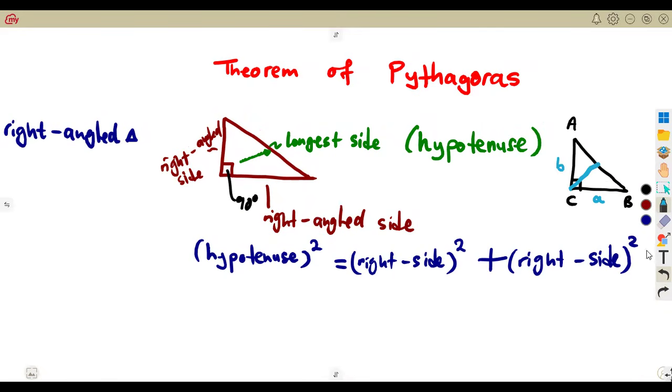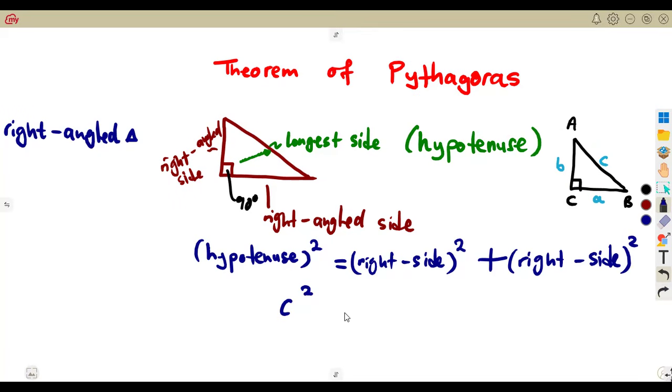This one opposite to C, we're just going to call it c, small letter c. Using these letters, the formula that I have written here is going to give us this condition: the hypotenuse squared, the one that is opposite to the right angle, the one that faces the 90-degree angle, is c.